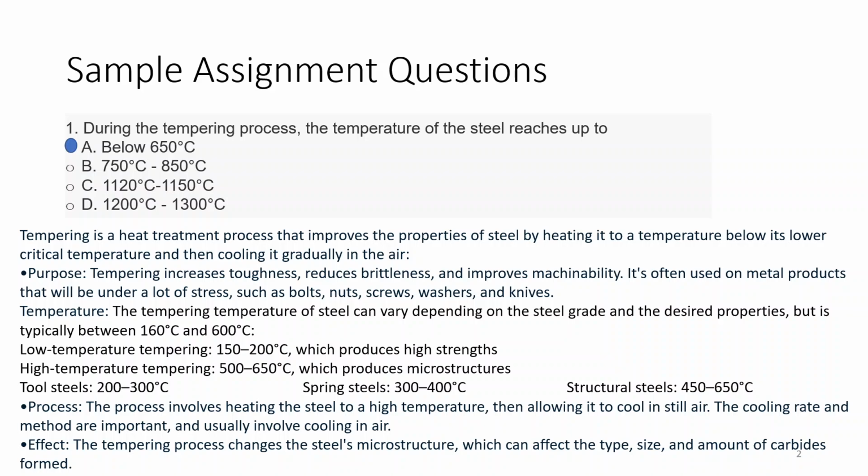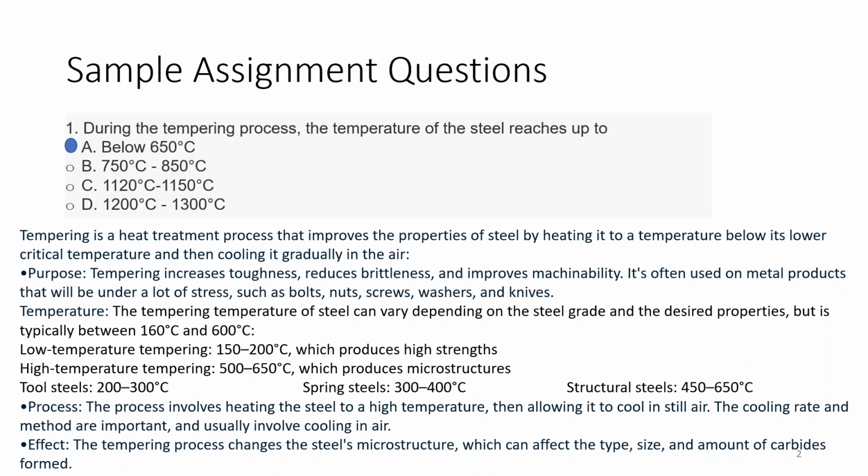The tempering temperature of steel can vary depending on the steel grade and the desired properties, but is typically between 160 and 600 degrees Celsius. Low temperature tempering is carried out between 150 to 200 degrees Celsius, which produces high strength, while for high temperature tempering, as you go to higher temperatures, you will be converting to phases which are nearer to the equilibrium phases.